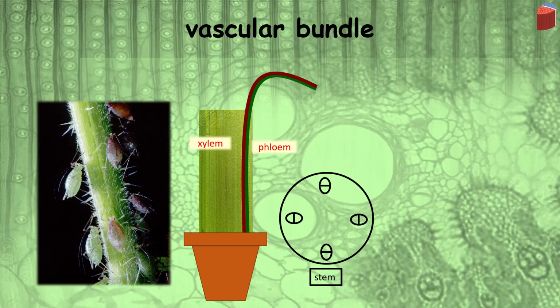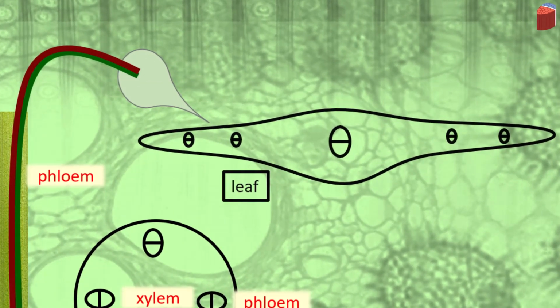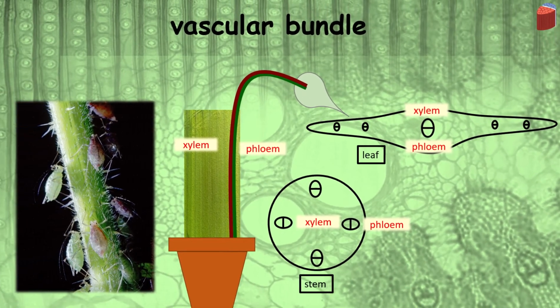From here, you can deduce the location of phloem and xylem in cross-section view of the stem. As for the leaf, if you look at your labelling, the brown xylem is on top, while the green phloem is below. So we can also label the leaf's vascular bundle, xylem on top, phloem below.